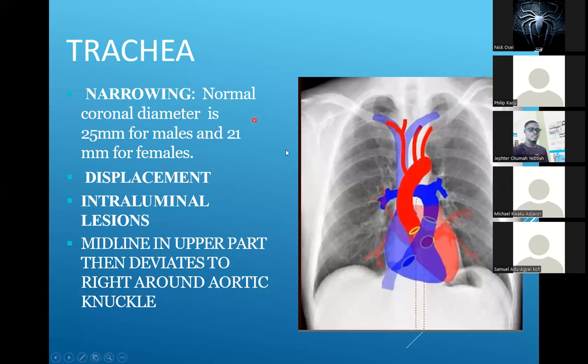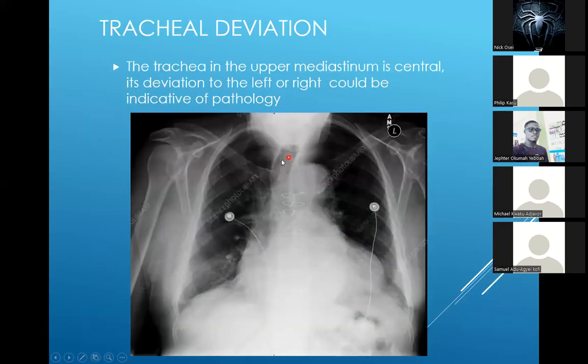On this X-ray, can you see this trachea here? See that this trachea is deviated to the right. This is the left, it's labeled here. And this trachea is moving to the right. Now, there are two reasons why the trachea will be deviated either to the left or right.